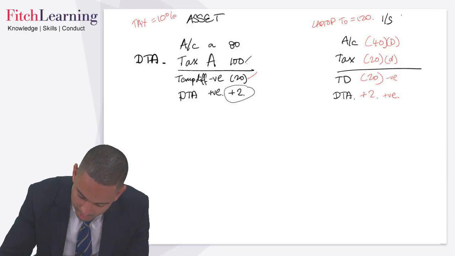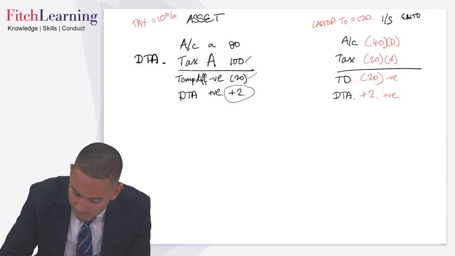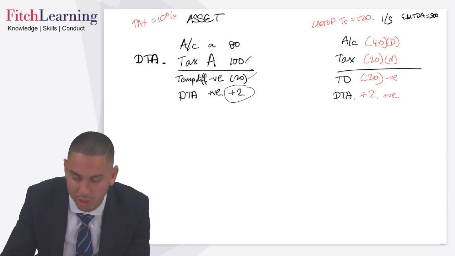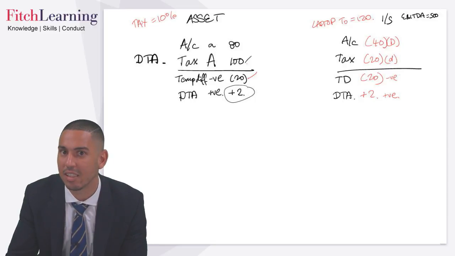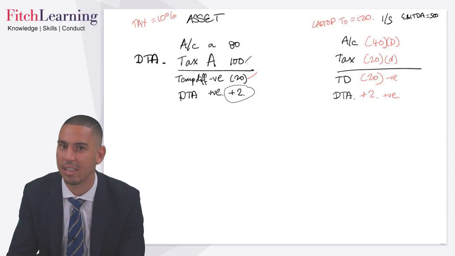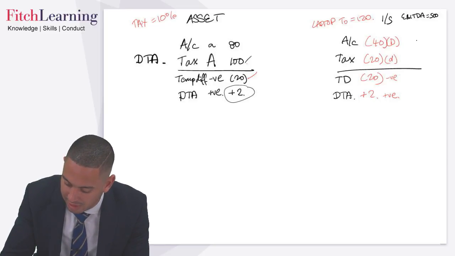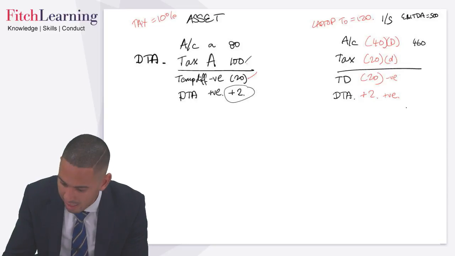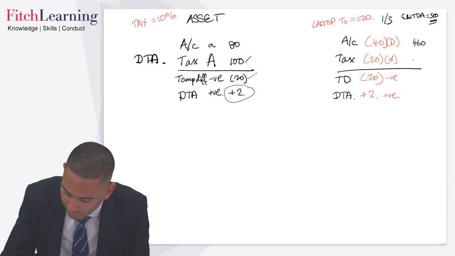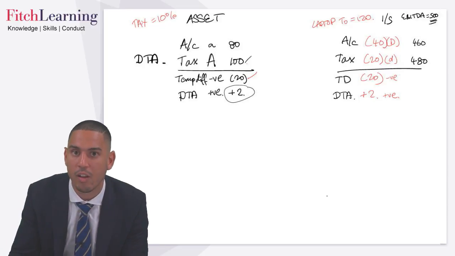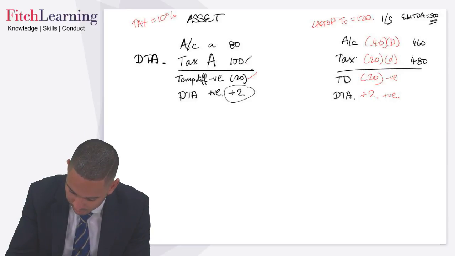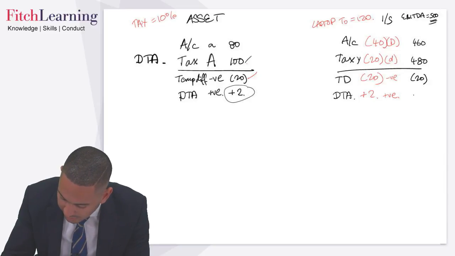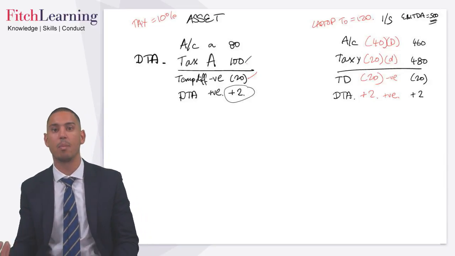Imagine my EBITDA, before depreciation and amortization, were, let's say, 500. In which case, my accounting profit, once I take out the 40 depreciation, is going to be 460. Here I'm taking out 20 depreciation from my 500, according to the tax authority. 480 is my taxable income. In which case, I have a difference of minus 20, which I apply a tax rate of 10%, +2.